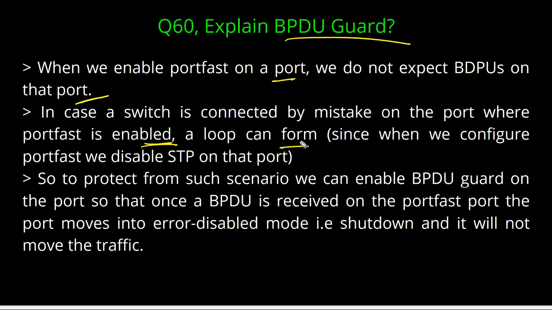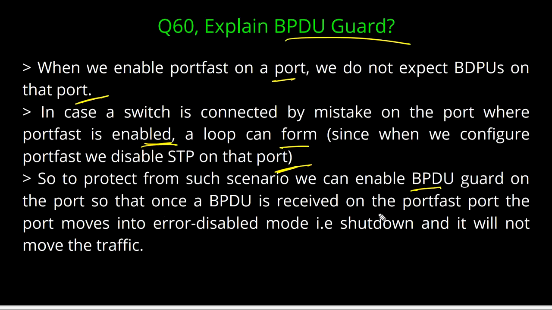Is it clear till now? A loop can be created, since when we configure port fast, we disable STP on that port. So to protect from such a scenario, we can enable BPDU guard on the port.